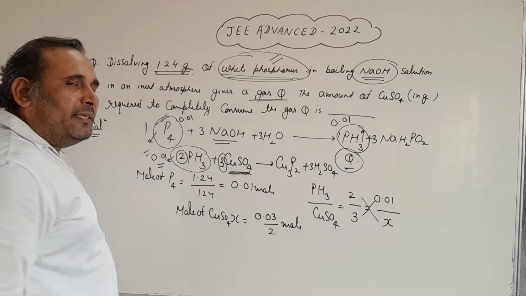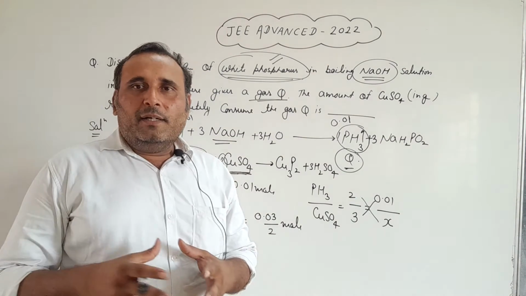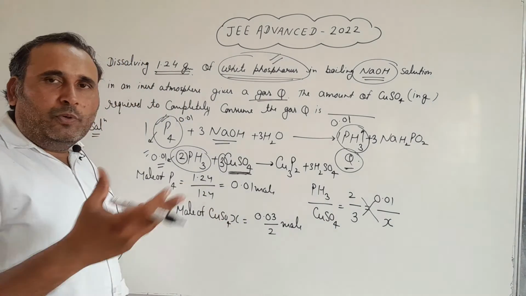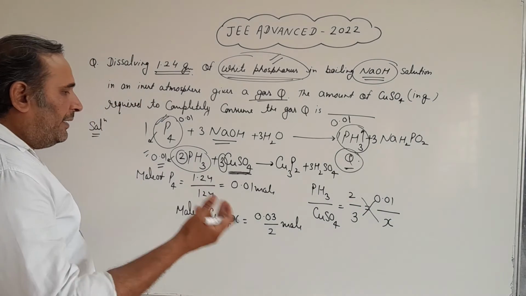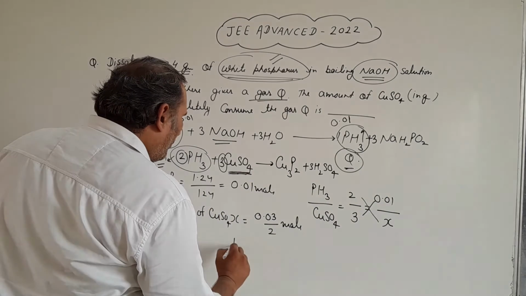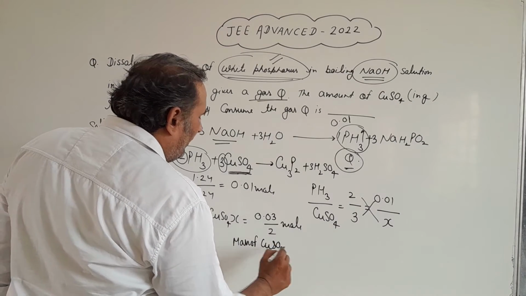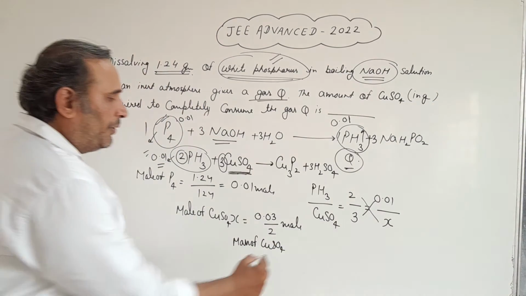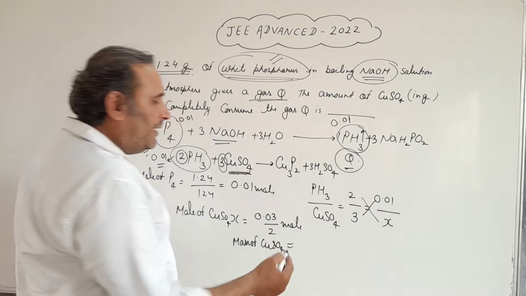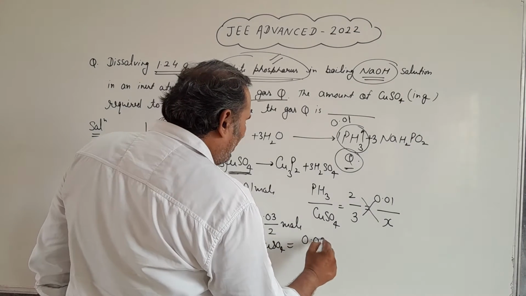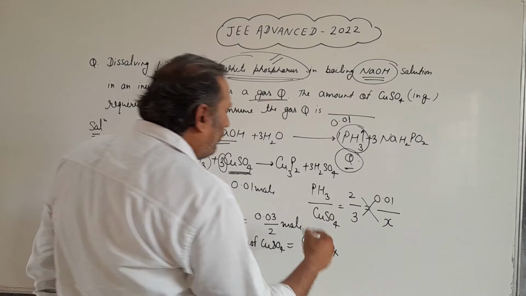We can convert these moles into mass with a very simple relation: number of moles multiplied by molecular weight. So the mass of copper sulfate equals 0.03 divided by 2 multiplied by the molecular weight of copper sulfate.